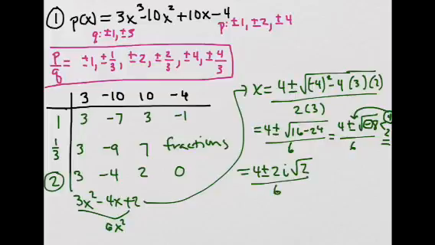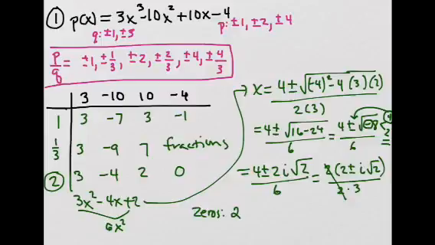So you look at the outside numbers, the 4, the 2, and the 6, and see if they have a common factor. These do, so 2 is a common factor, over 2 times 3. The 2 over 2 reduces to 1. And so now I have the zeros, which are 2, which I got from the synthetic division over here.